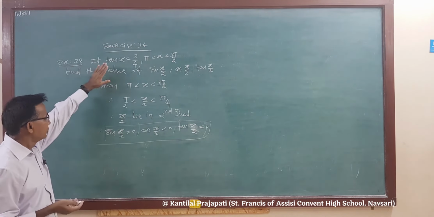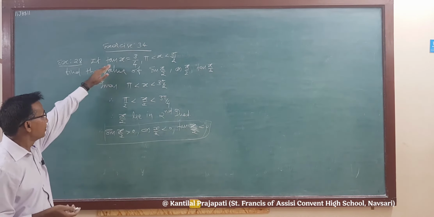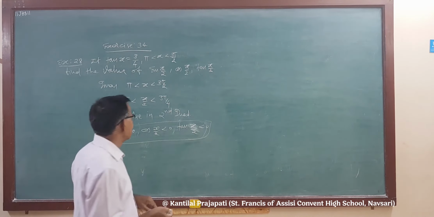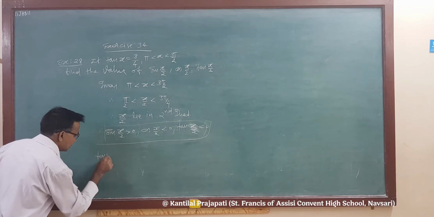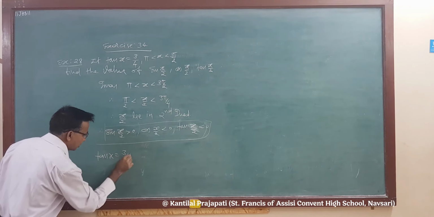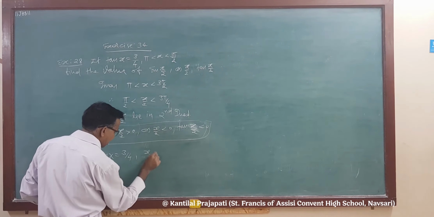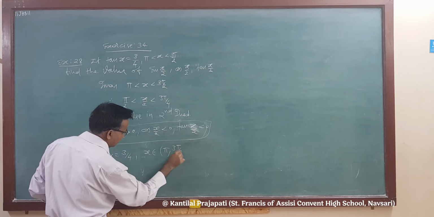So now tan x is given, so from tan x we find the value of cos x. Tan x is 3 by 4, and also x lies in the third quadrant, x belongs to pi to 3 pi by 2.